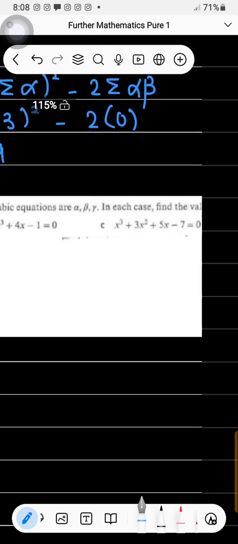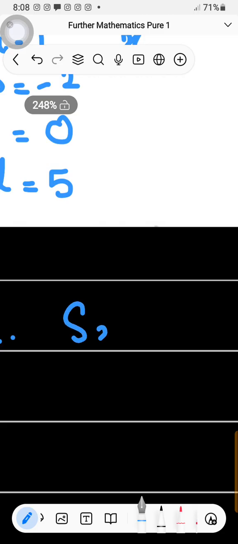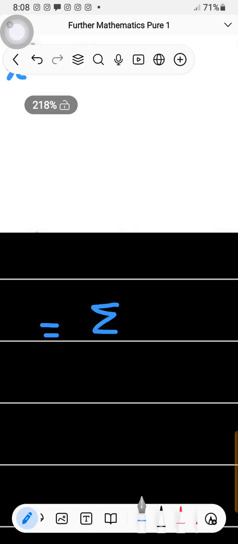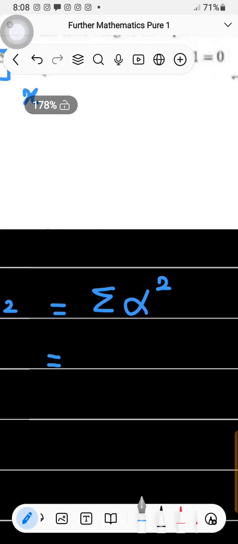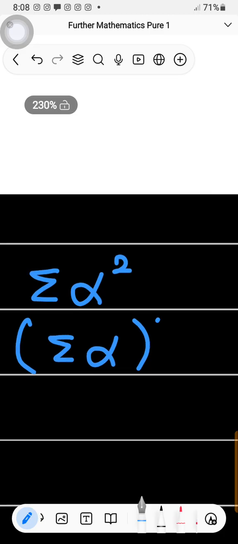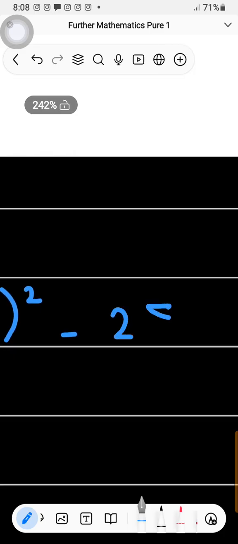We have to find S2 and S minus 1. Okay, so S2, we had decided that S2 is sum of alpha square. The formula is sum of alpha whole square minus 2 sum of alpha beta.